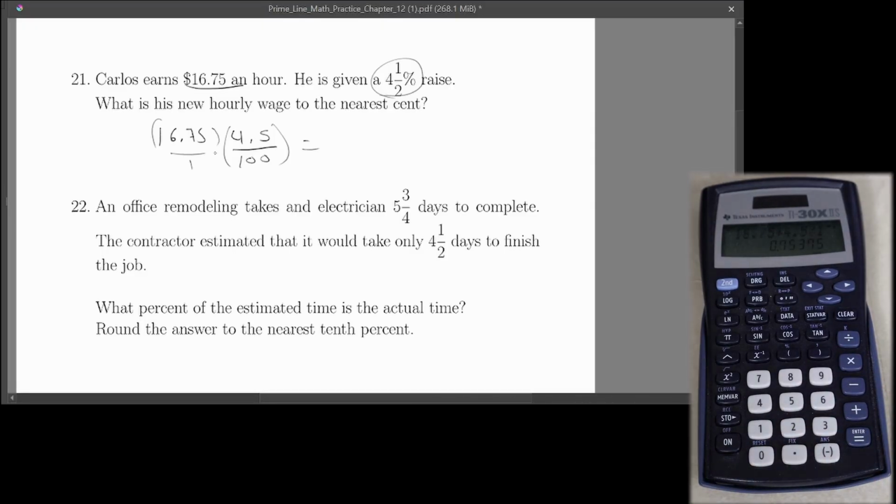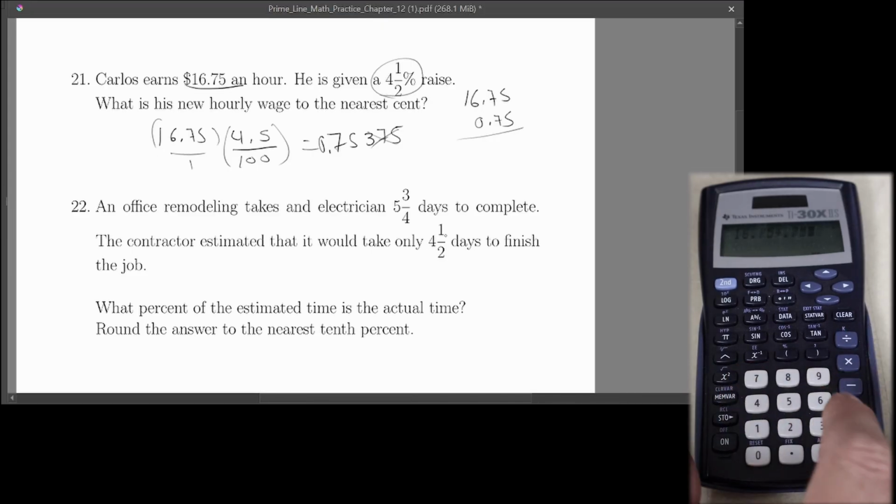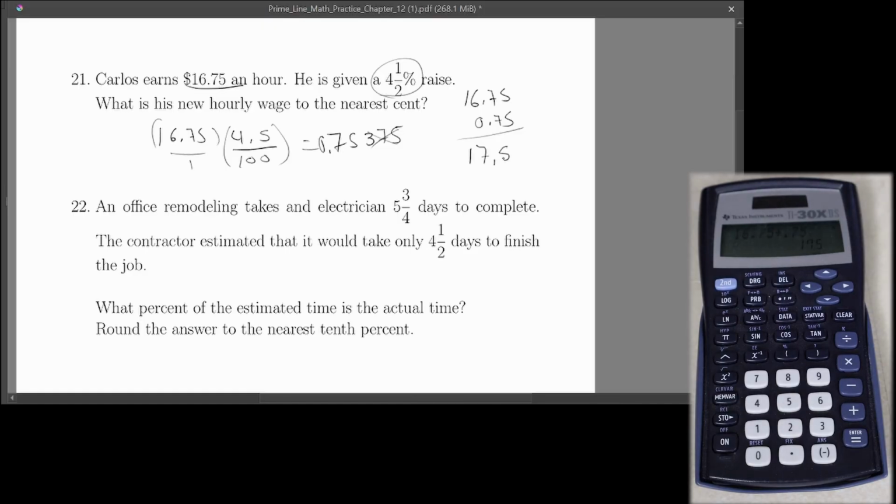So he gets a raise of 0.75375. So his new hourly wage is going to be 16.75. We're going to round to the nearest cent. So we basically dropped that piece. So we're going to add 75 cents to it. And 16.75 plus 0.75 gets us to a total of $17.50.